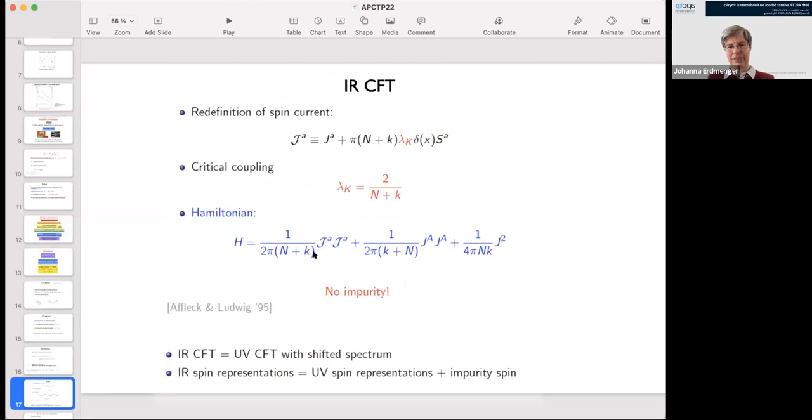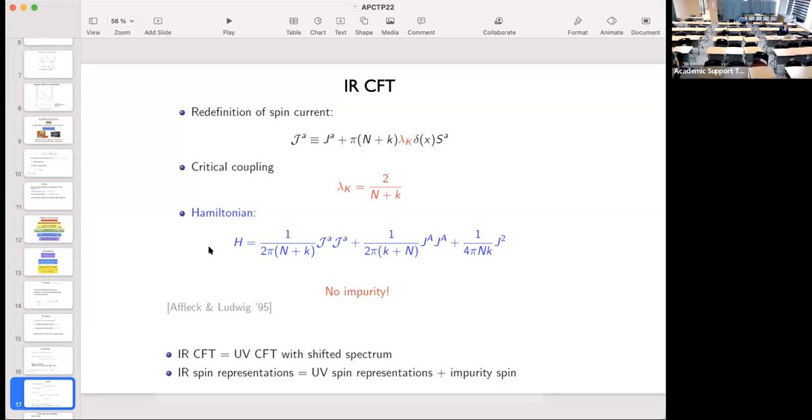Now suddenly it looks like a free theory again, like a conformal field theory, and the impurity is hidden in this term here. So formally again, I have a free theory, and this will correspond to my theory at the infrared fixed point.